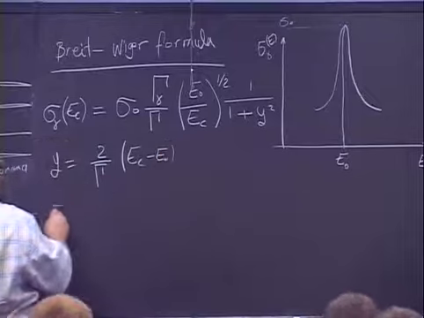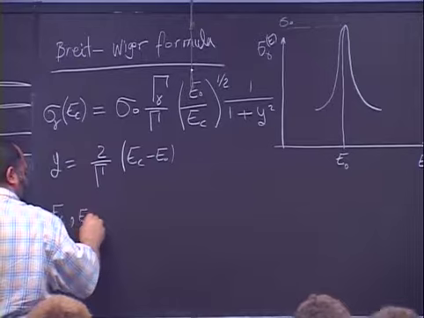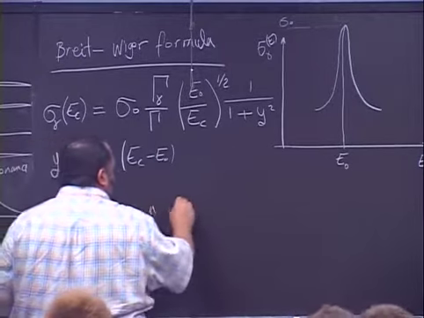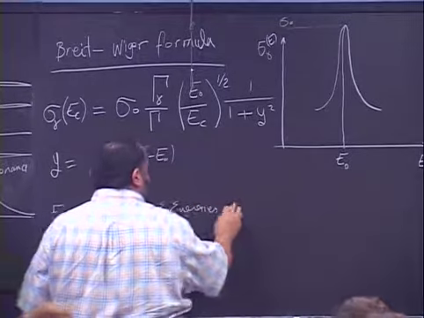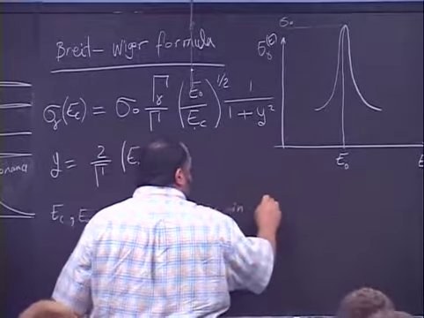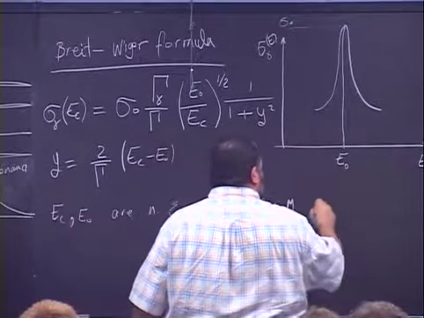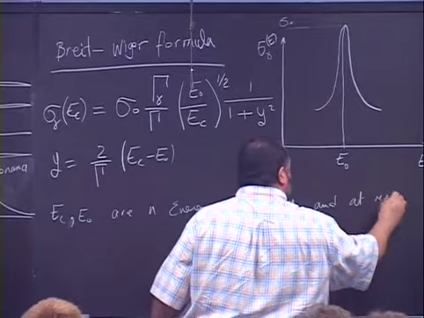So EC and E naught are neutron energies in the center of mass and at resonance.